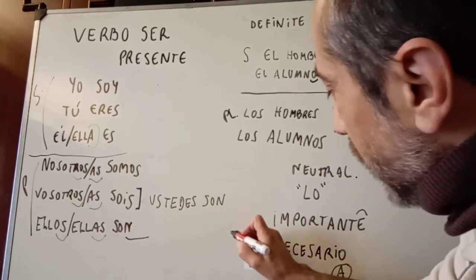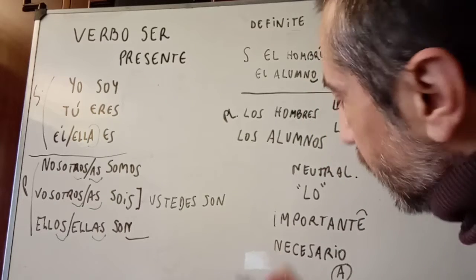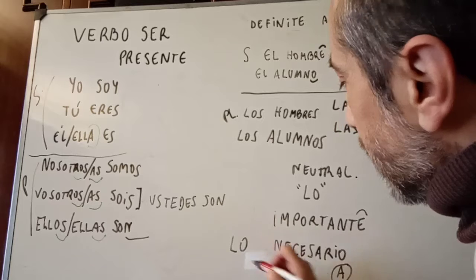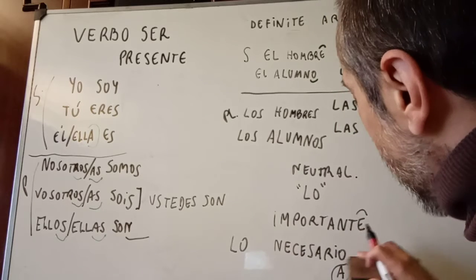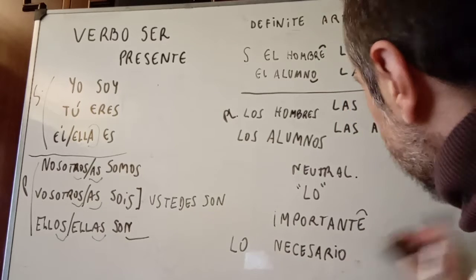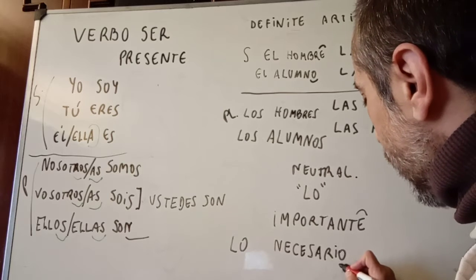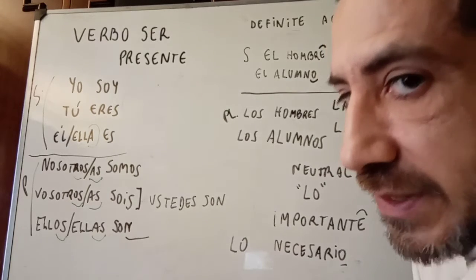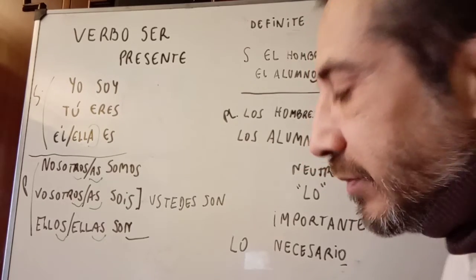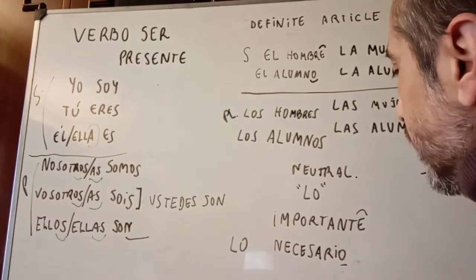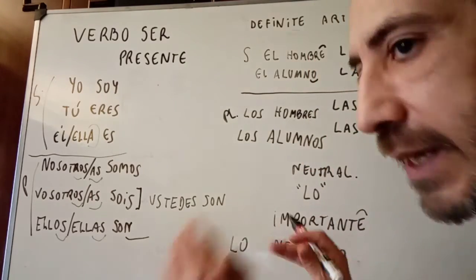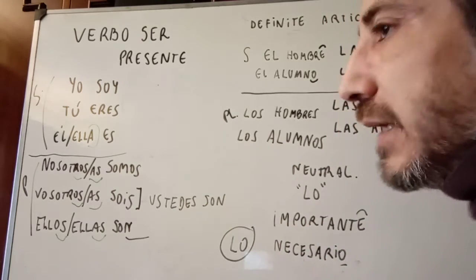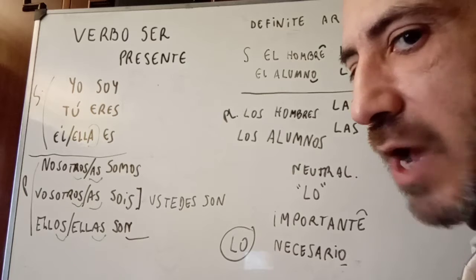But one of the characteristics of the neutral article is that it always ends with this form, the O, when the adjective has the two possibilities, O or A. So, we take an adjective, put this before, and now we have a neutral noun.